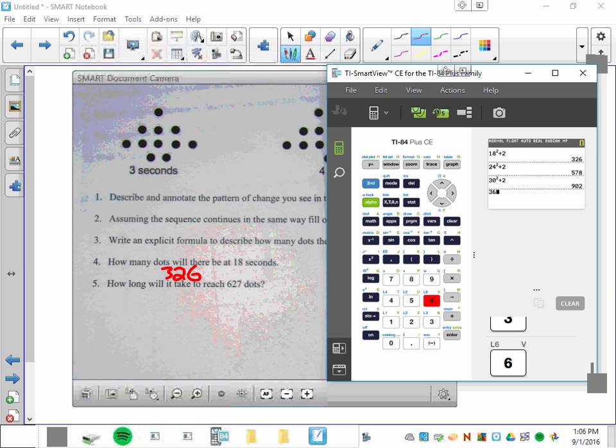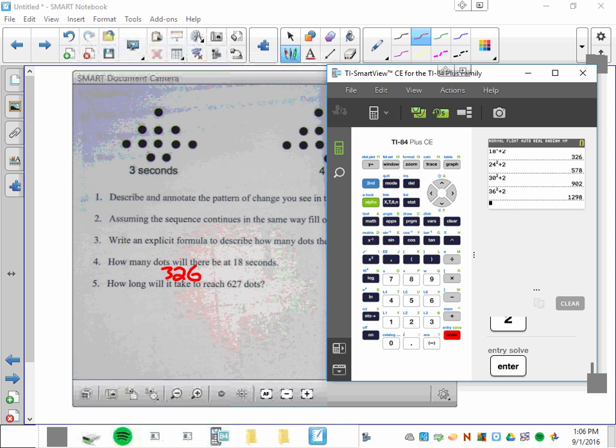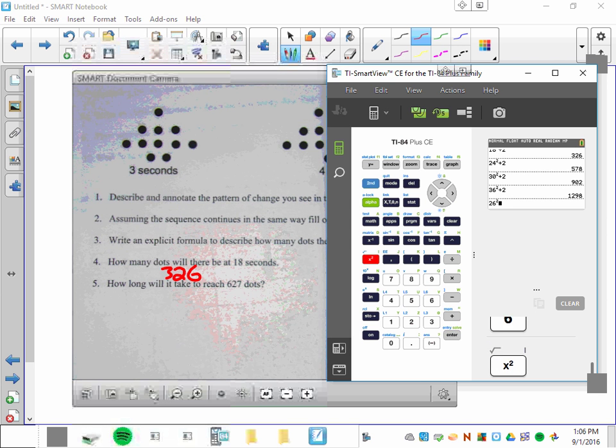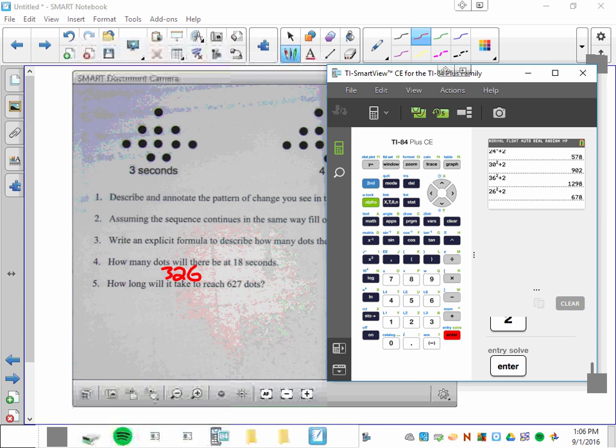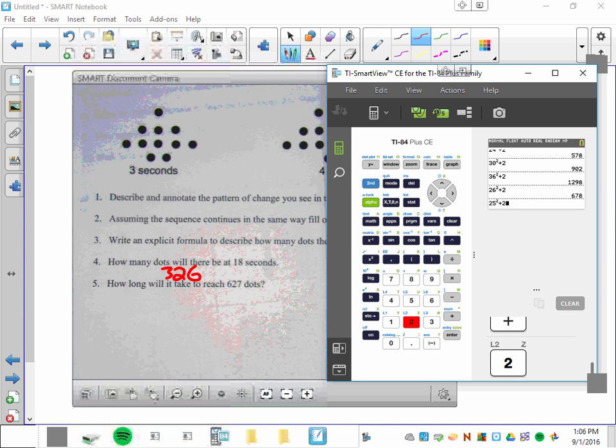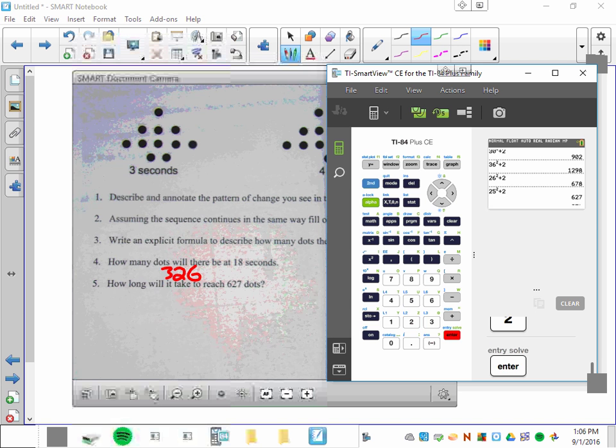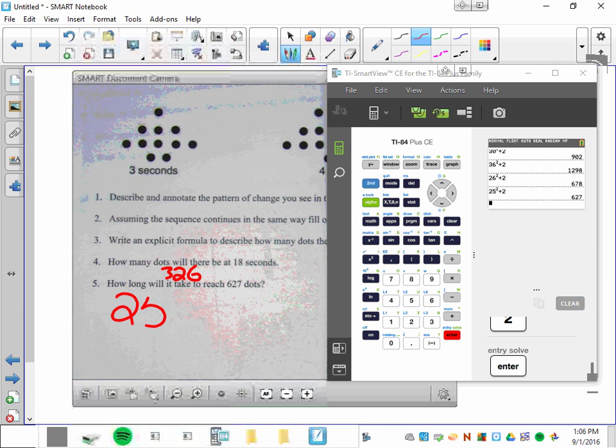Maybe 26. 678. Still too big. 25 squared plus 2. And that gives me 627. So the answer is 25.